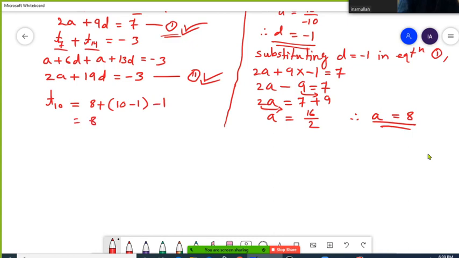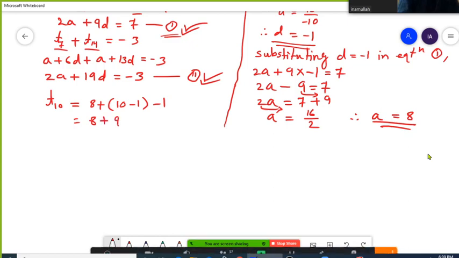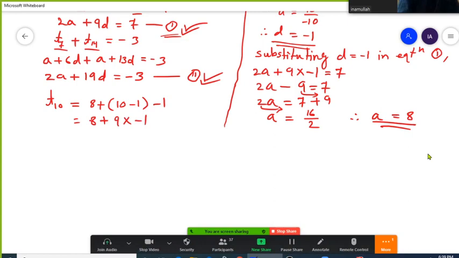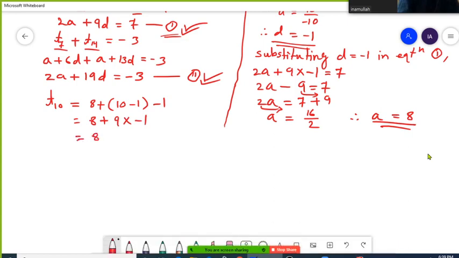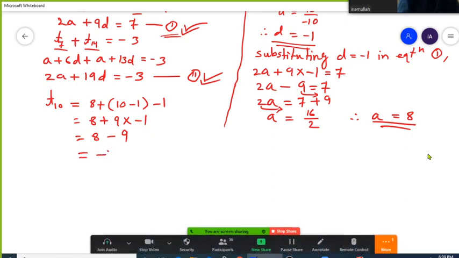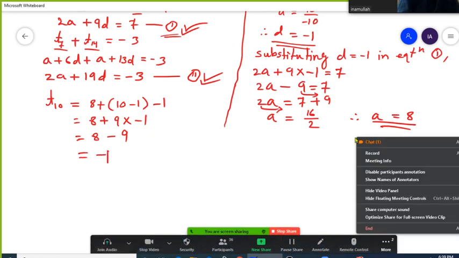So 10 minus 1, that is 9 into minus 1, plus 8, minus 9. So T10 will become minus 1. This is your final answer.